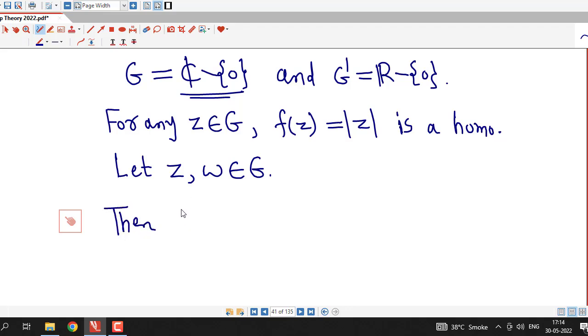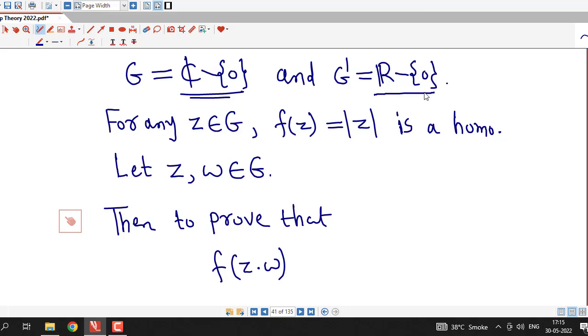To prove that f is a homomorphism, we have to prove that f of z into w, where the operation in both the sets is ordinary multiplication, so here we write the multiplication of two non-zero complex numbers, is equal to f of z into f of w.